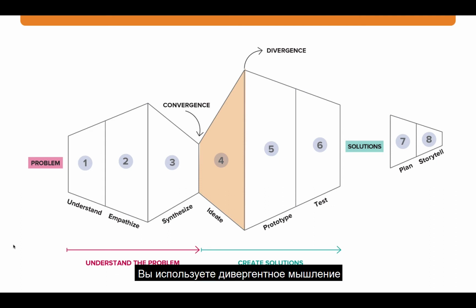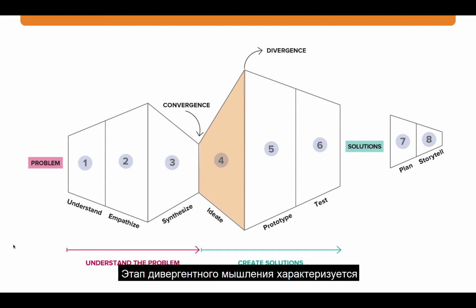You use divergent thinking in the early stages of your creative ideation sessions, where it's important that you get lots of new ideas. At this point of the process, you should envision your possibilities as endless.